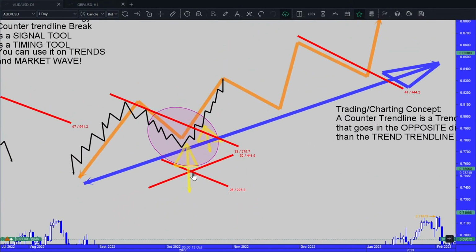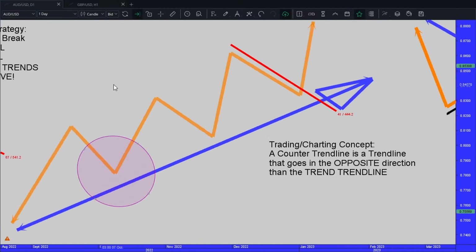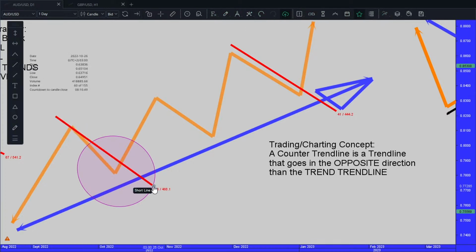Okay, so from the very beginning, everybody, my bad, I didn't explain well. When you are drawing counter trend lines, you are looking for retracements. So this was a retracement, counter trend line, this was a retracement, counter trend line.